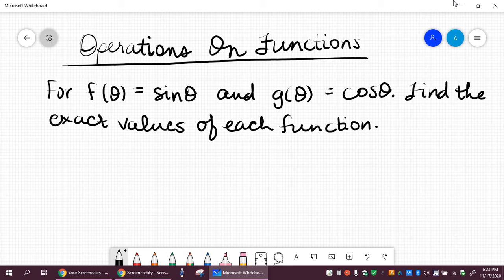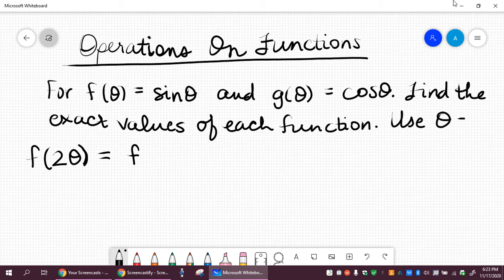Okay, so let's say that we give you something such as f of 2 theta. So what that actually means is whatever theta is, because 2 is right there inside of the parentheses with theta, we're going to multiply it by 2. Oh, and I forgot to give you something else. Sorry. Use theta is equal to 30 degrees.